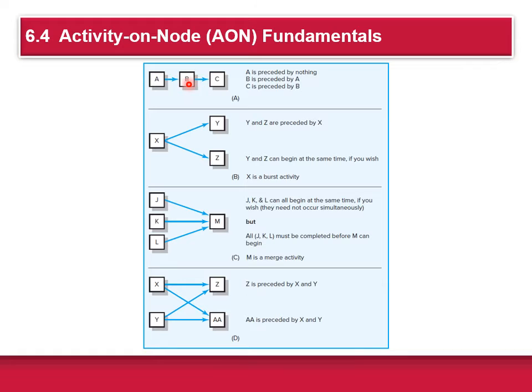For example, B is preceded by A, right? Which activities must follow this activity? Which activities can occur while this activity is taking place? These are known as concurrent or parallel ones, like X and Y here. All these things you get used to, and you'll practice in the case study.